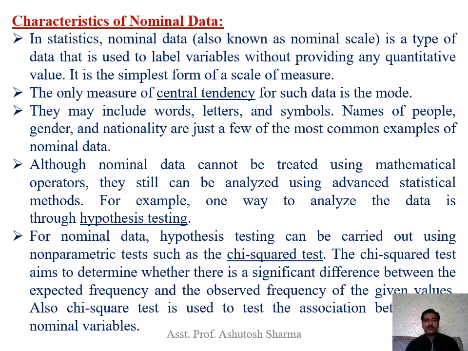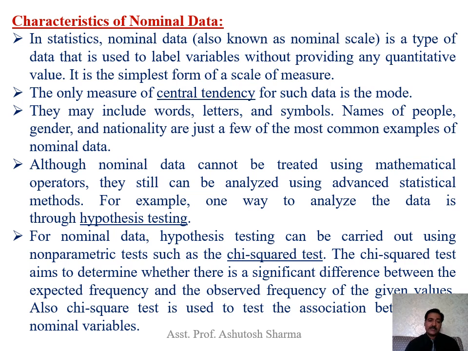Definitely, in nominal data, we cannot find variance or dispersion. We cannot apply correlation or regression. But still, we can test the hypothesis. What kind of hypothesis? To test hypothesis about nominal data, we make use of chi-square test, which is a non-parametric test.